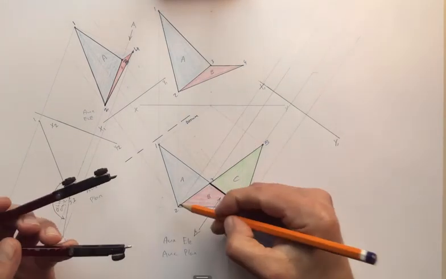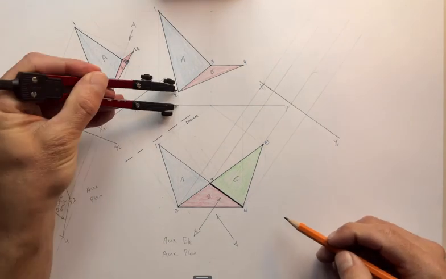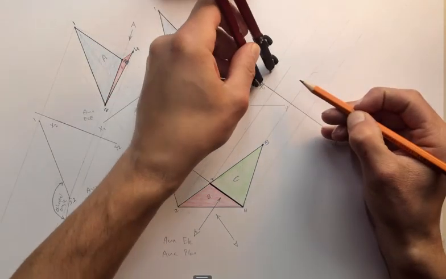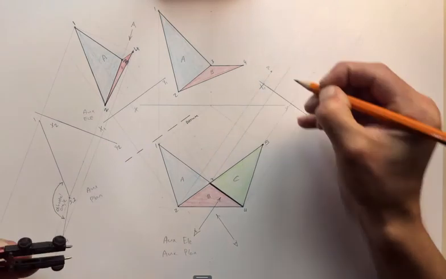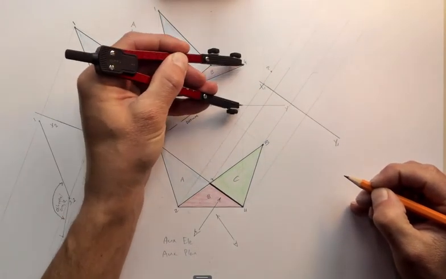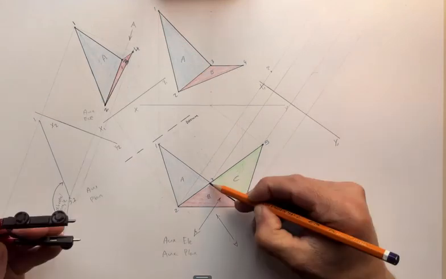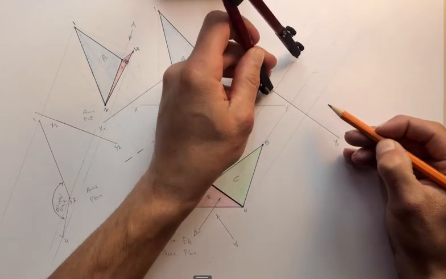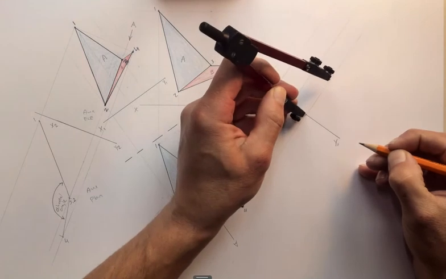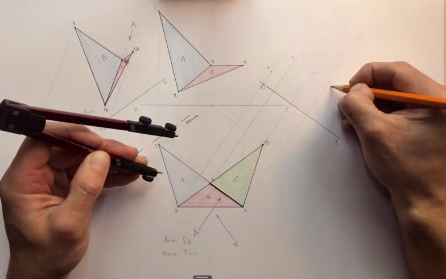Height of point 2. We have it. Point 2. Height of point 3 and 4 are the same. So height of point 3 is here, and height of point 4 is here.